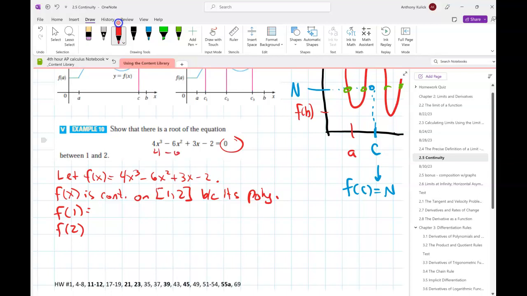That's 4 minus 6 plus 3 minus 2, which is negative 1. f of 2 is going to be 32 minus 24 plus 6 minus 2, that's 12. Everybody's okay there? My cap N in this case is what we're trying to get it to equal.